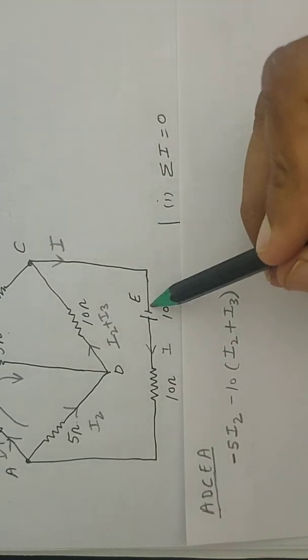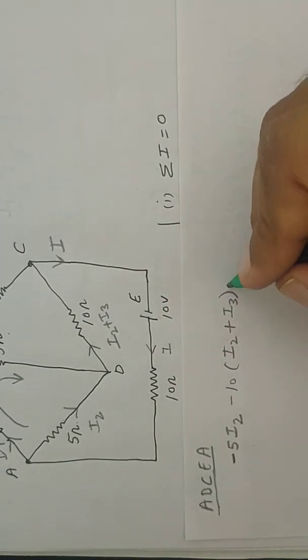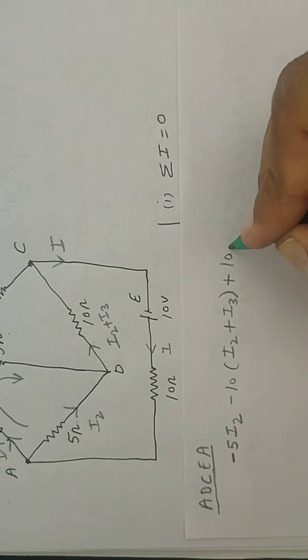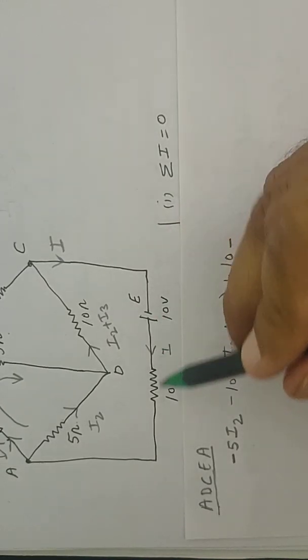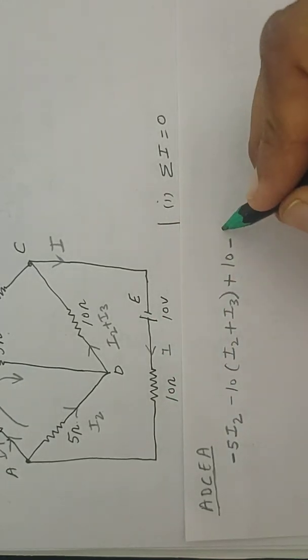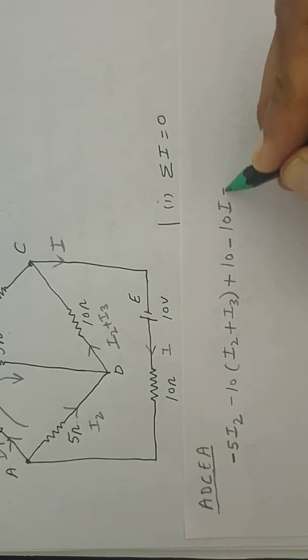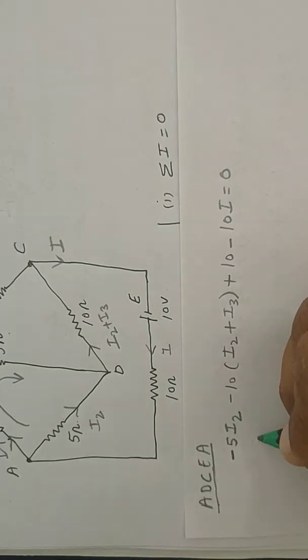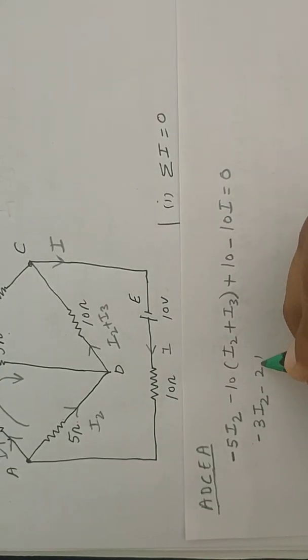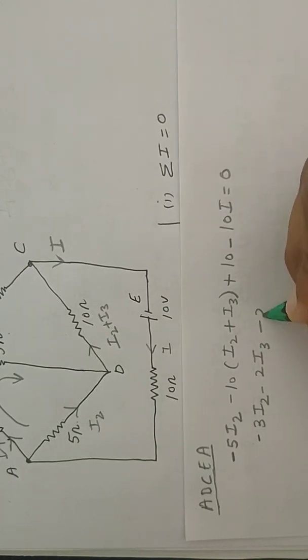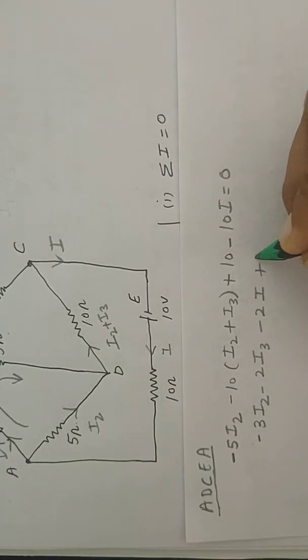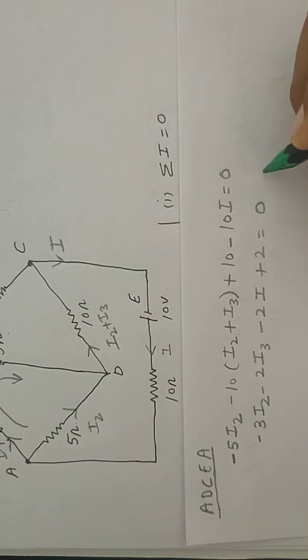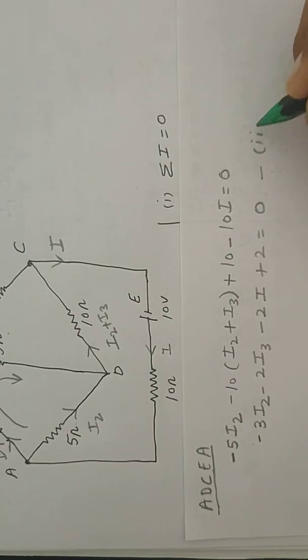Here we are going from low potential to high potential, so we get 10. Here we are going from high potential to low potential, so we get minus 10 I equal to 0. On simplifying, we get minus 3 I2 minus 2 I3 minus 2 I plus 2 equal to 0. This is the equation third.